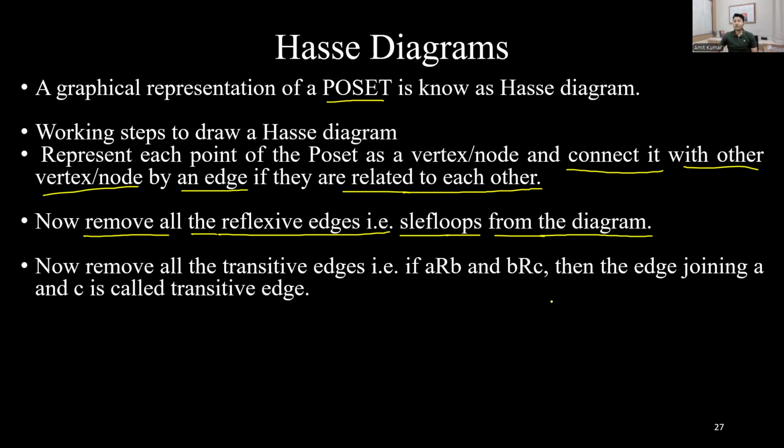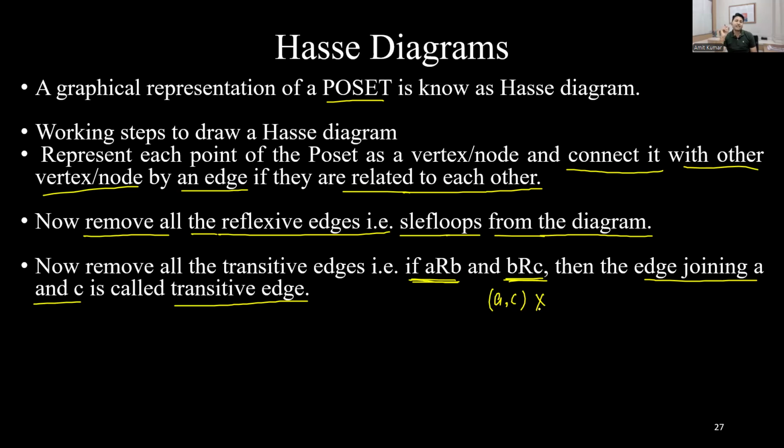How do we identify the transitive edges? If (A, B) is in R and (B, C) is in R, then the edge joining A to C is called a transitive edge. That means from the Hasse diagram, we are supposed to remove this transitive edge. We should be very careful when removing the transitive edges.